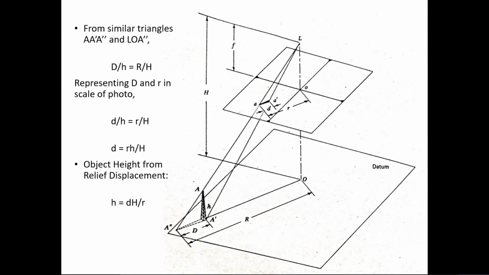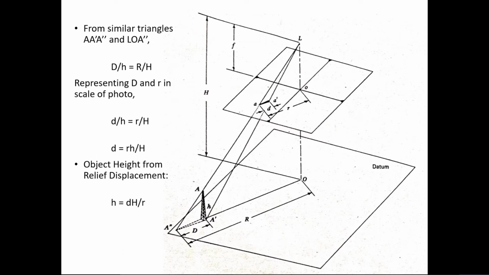Now if you look at similar triangles, L O A double dash and A dash A double dash A, you can see that they are similar triangles. So of course the ratios D by h and R by H you can consider to be equal, right? That ratio will be equal.